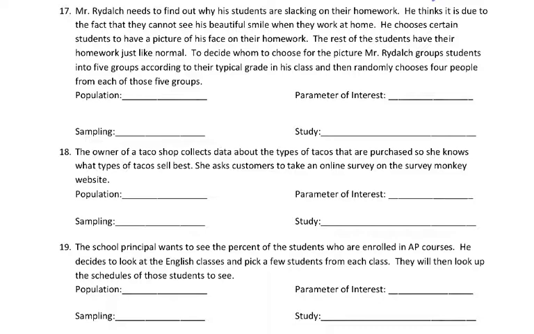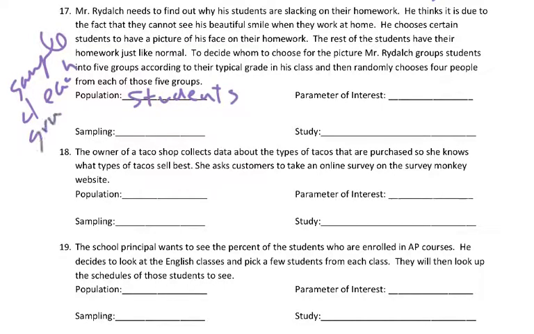So, population would be the students. The sample would be those students that were chosen, okay, the 4 of each group. Okay, the parameter of interest is, I want to find out if they need to see me to do homework.